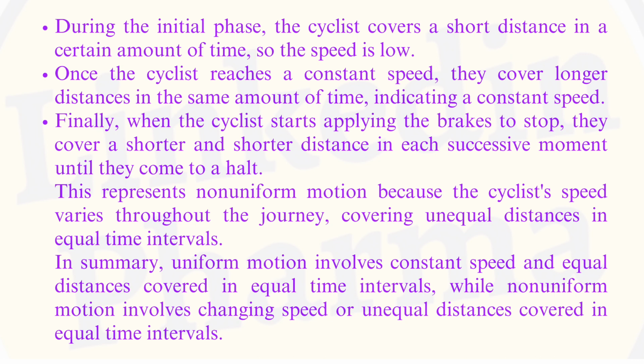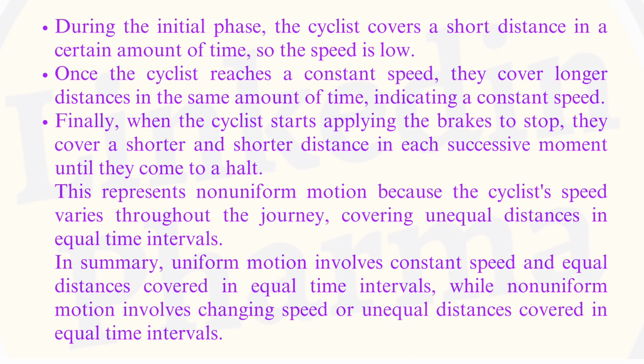Once the cyclist reaches a constant speed, they cover longer distances in the same amount of time, indicating a constant speed. Finally, when the cyclist starts applying the brakes to stop, they cover a shorter and shorter distance in each successive moment until they come to a halt. This represents non-uniform motion because the cyclist's speed varies throughout the journey, covering unequal distances in equal time intervals.